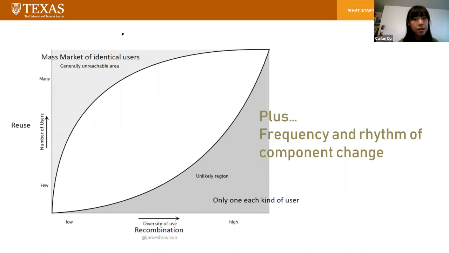So we have this diagram, theoretically speaking, driven by the number of users and the diversity of use contexts. The scientific software ecosystem is facing increasing ecosystem complexity, and each software component may lie at a different position on this diagram, plus the frequency and the pace of component change are different.